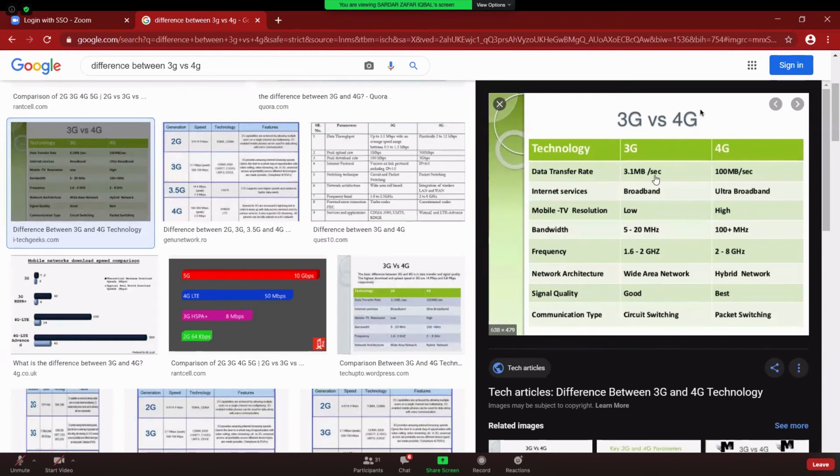Data transfer rate 3.1 MB per second. In 1 second, how much data is transmitted in 3G? 3.1 MB, and in 4G it is 100 megabytes per second. So it's a huge difference. There is a huge jump here from 3G to 4G. That's why 4G is very fast, and now we have even 5G available.